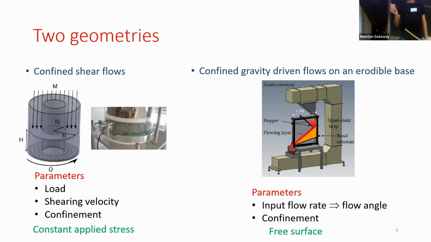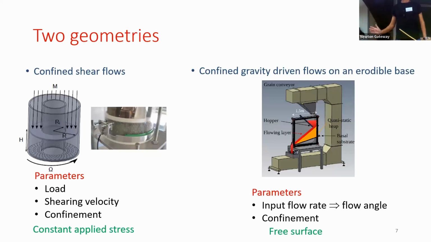The bottom can move at a given velocity, and we apply a stress at the top of the system, as you can see on the sketch on my slide. So the parameters are the load, the shearing velocity, and also the confinement, because you can modify the properties of the system.